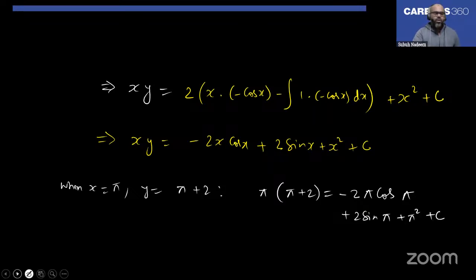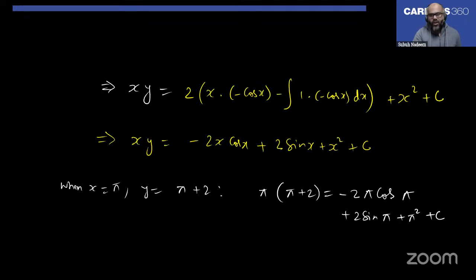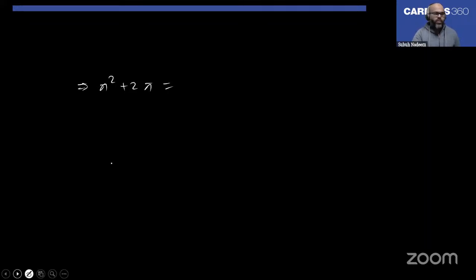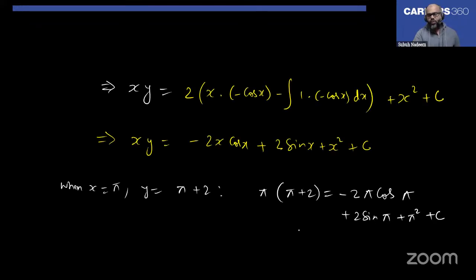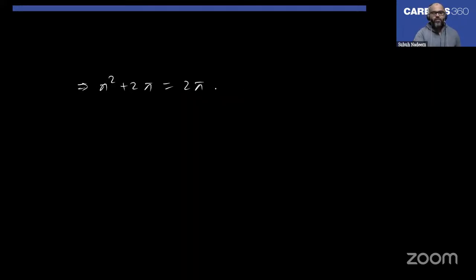Okay. So what we get is pi square plus 2 pi is equal to, here cos pi is minus 1, so it will become 2 pi, and sin pi will become 0, and plus pi square plus c. So this will cancel, this will also cancel, and what you get, c is equal to 0.